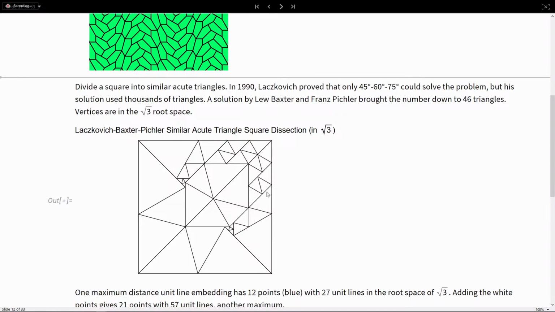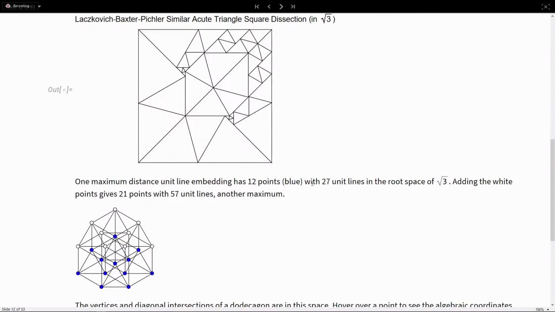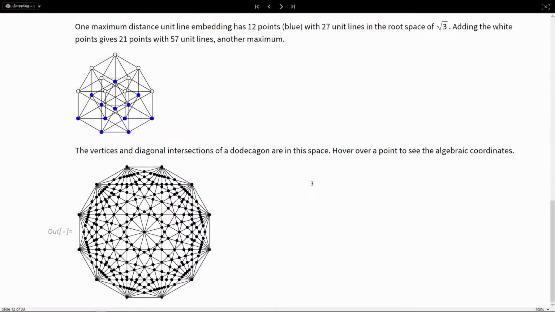This seems to be the best solution, and all of the positions of vertices are based on the square root of 3. The Dodecagon is in this space, and all the vertices and intersections and everything else within the root space of square root of 3 have nice rational values.